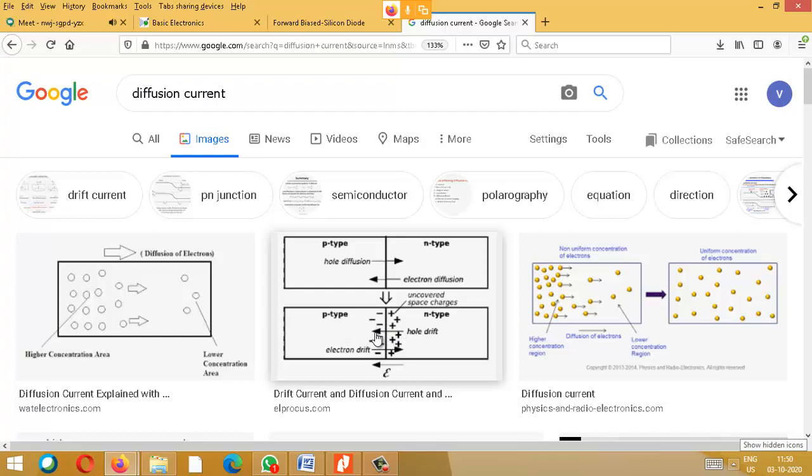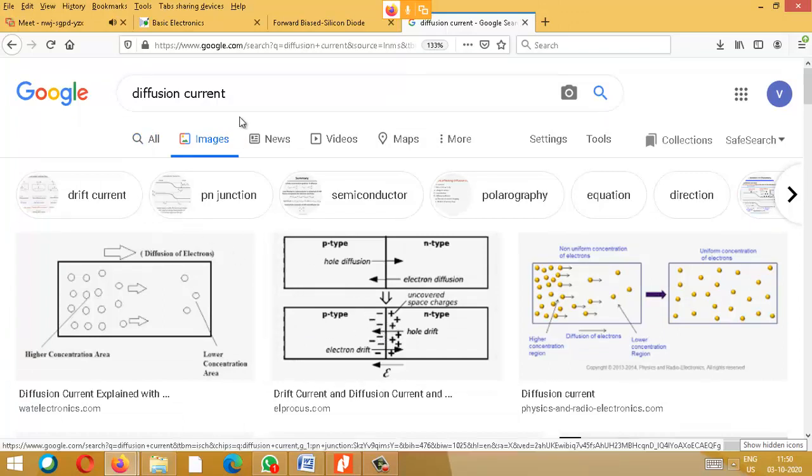You have to talk only with respect to electrons. So first you have to say the electron is crossing here. Since the electron has crossed here, this area may become empty. Now I am not giving any external supply. That is what you have to observe. I have not forced anything. So when I am not forcing anything, then only I will call it diffusion current. If I give any force, then it becomes a drift current.